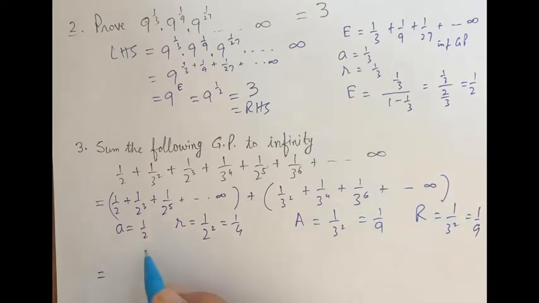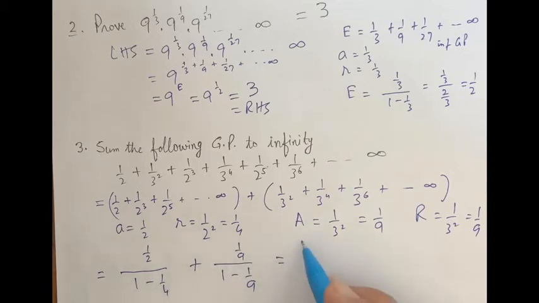Applying formula, this is a upon 1 minus r. This is a upon 1 minus r. The first one, this is 1 by 2, 1 minus 1 by 4 is 3 by 4, and plus this is 1 by 9 upon 8 by 9.